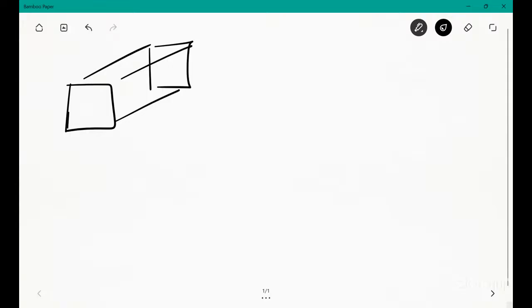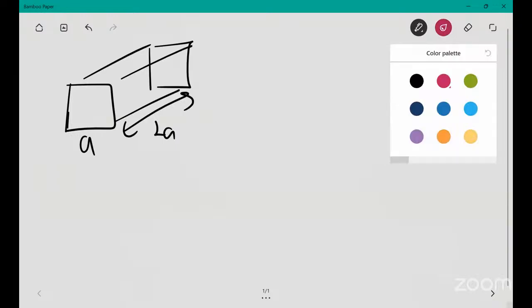They are saying the base square cross section side length a, and this is 2a. If one small pyramid with the above mentioned measurements is cut and removed, find the volume of metal that is remaining.